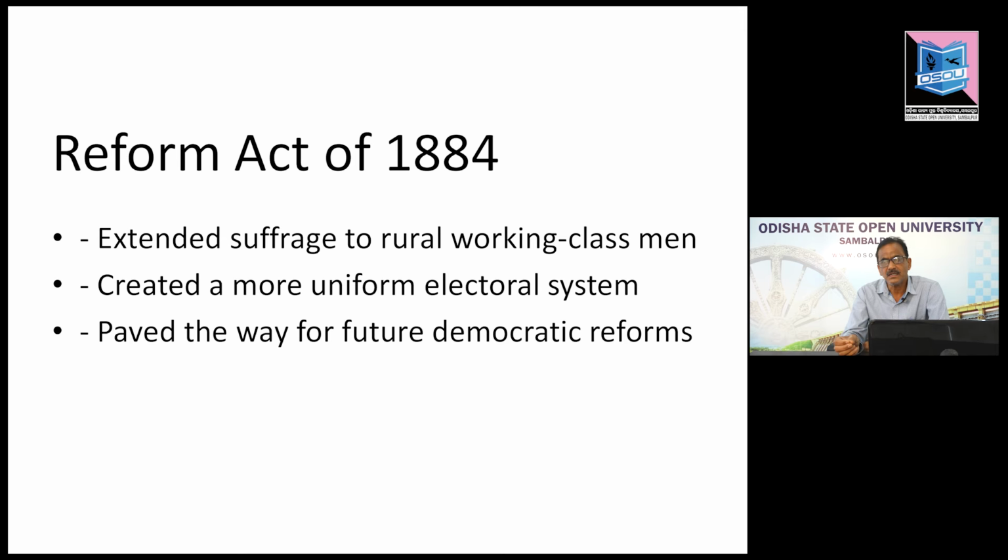Then another major Reform Act was passed in 1911, where, as all of us know, the British Parliament has two houses. One is the House of Commons, mostly represented by the common people, and the upper house, which is known as the House of Lords.